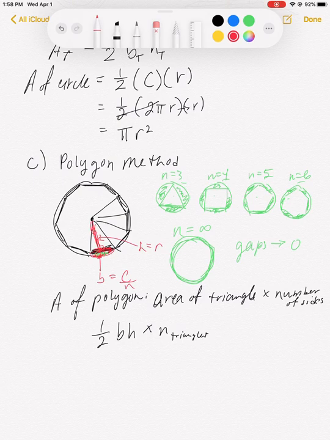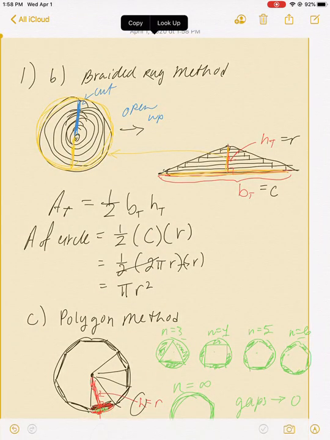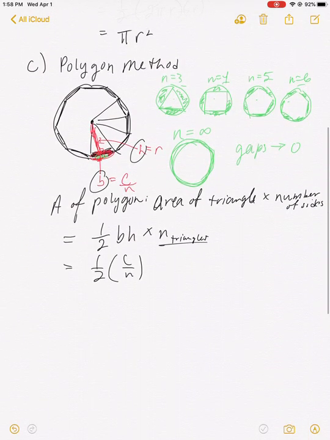So what we have here is a formula, and we have what we need to substitute. We have our base, our height, and we have n. So 1/2, the base is going to be circumference over n, times the height, which is the radius, times the number of triangles.